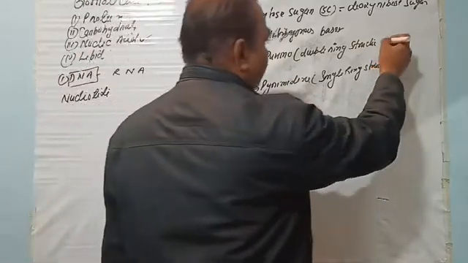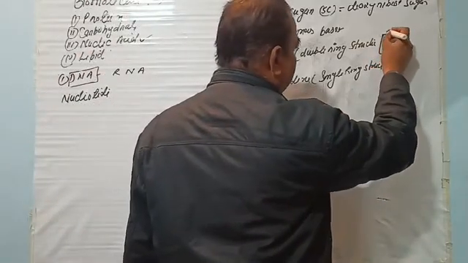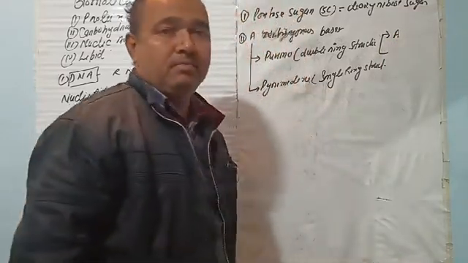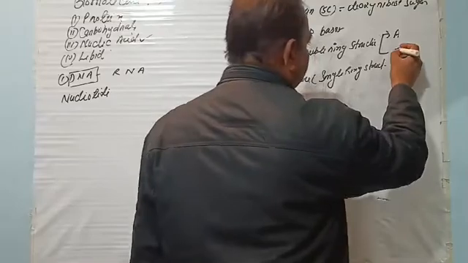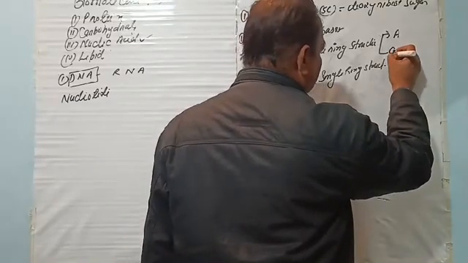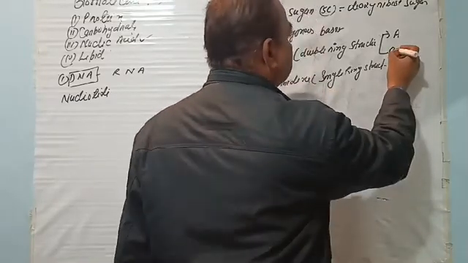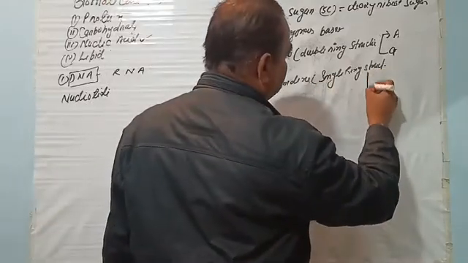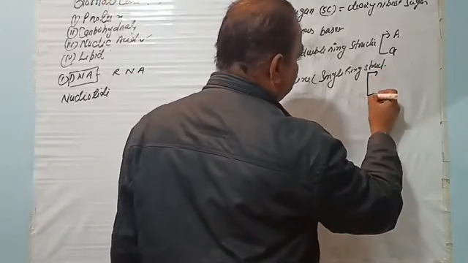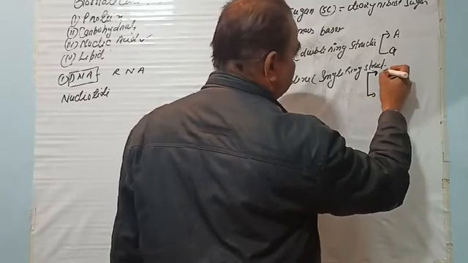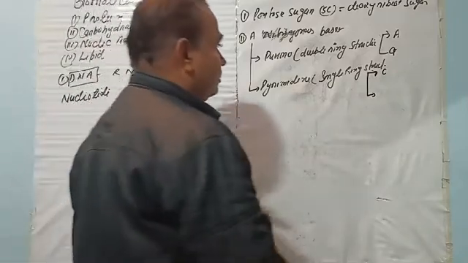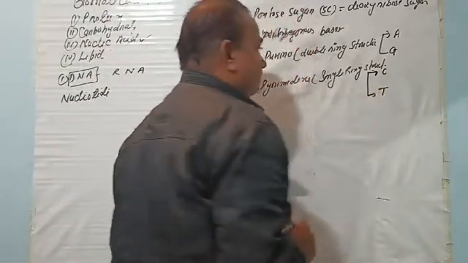They are also of two types. Purines are two types. One is adenine, represented by A, and the next is guanine, represented by G. Similarly, pyrimidines are also of two types. One is cytosine, another is thymine.